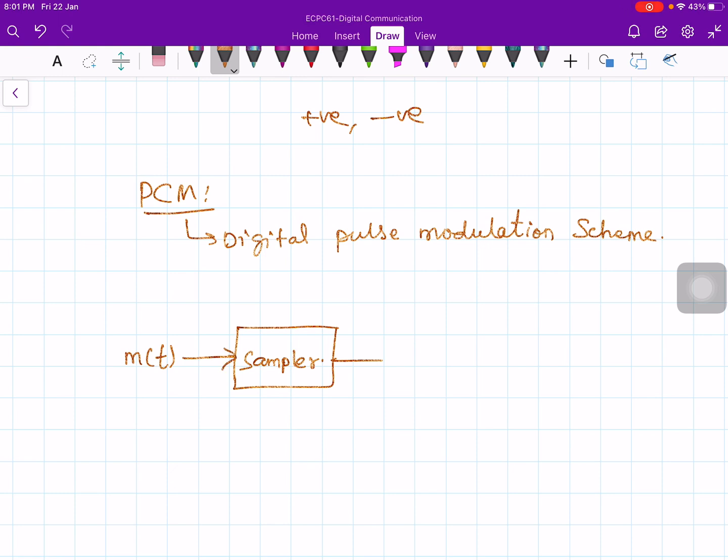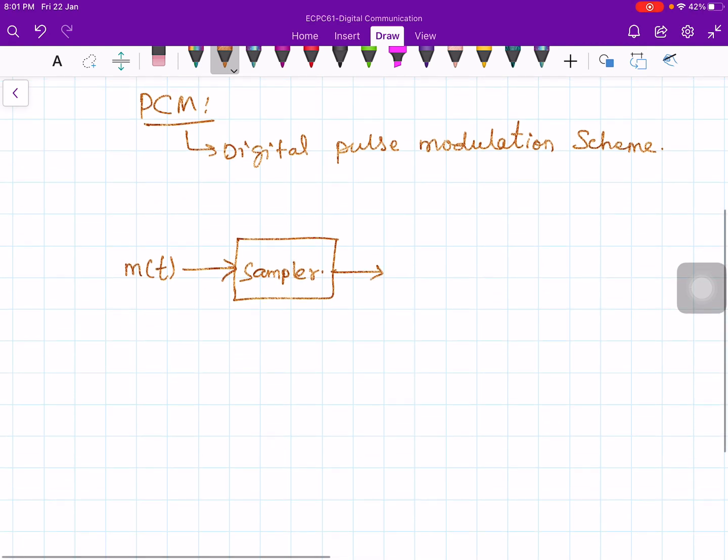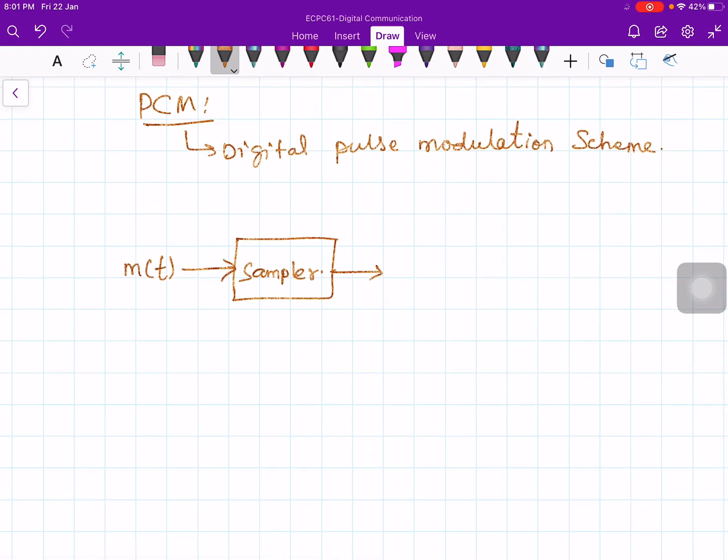Of course, when you do the sampling of any signal, it is assumed that you do it at a sufficient rate so that you don't lose information, and you know what that rate is: the Nyquist rate. So you do the sampling at the Nyquist rate.